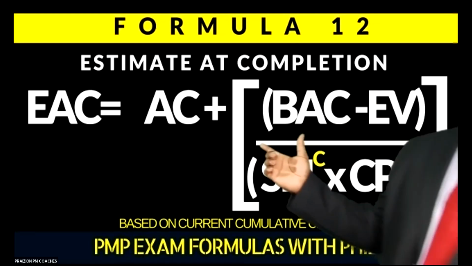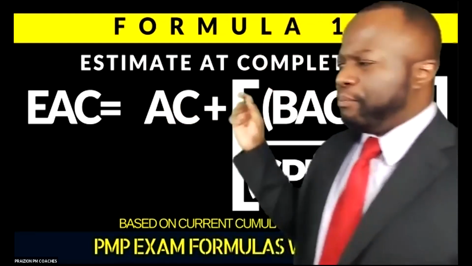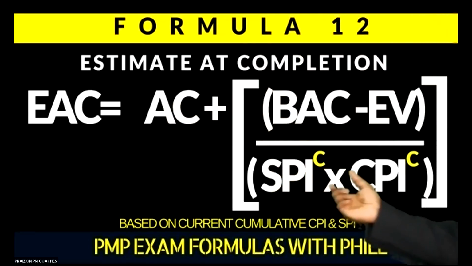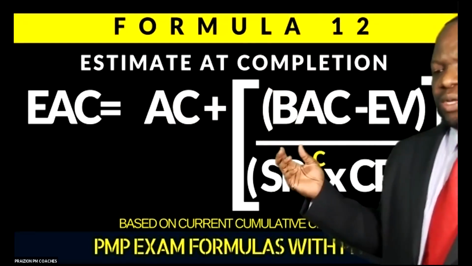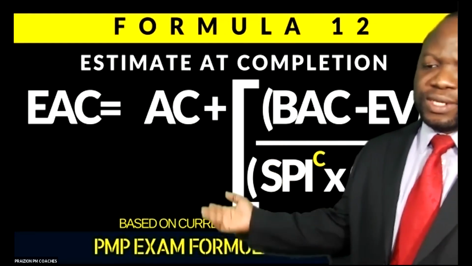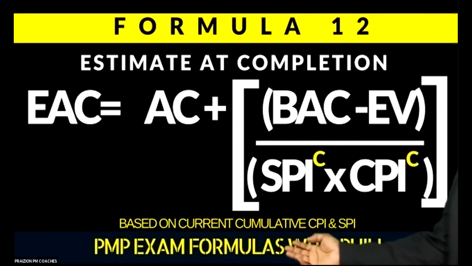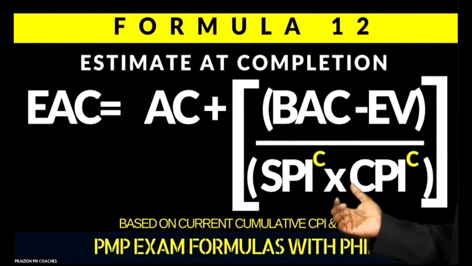So when do we use this? We use this formula when both the SPI and the CPI have some weight in our final outcome. So it's referred to as the EAC based on the current cumulative CPI and SPI. All right?